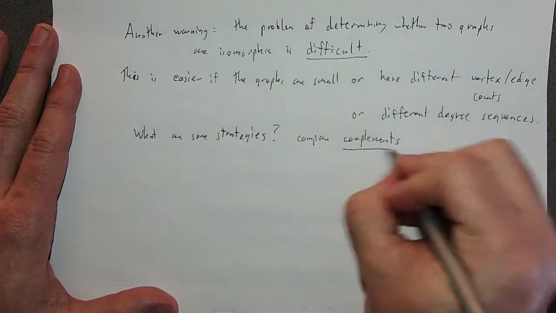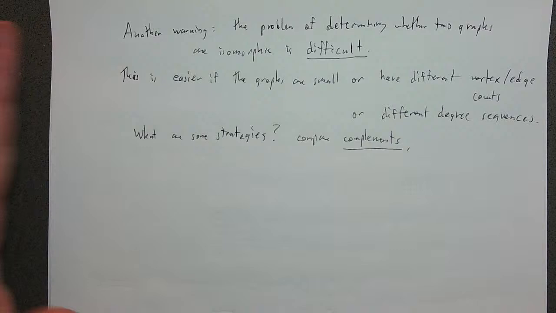Maybe the complements are easier to deal with than the graphs themselves. And if the complements are not isomorphic, then the graphs would not be isomorphic. And the question is, if the complements are isomorphic, are the graphs necessarily isomorphic?